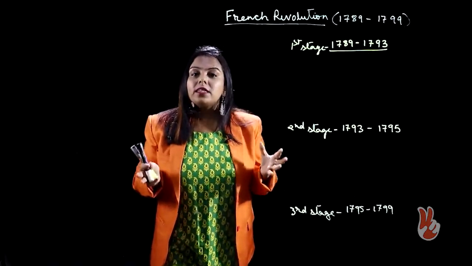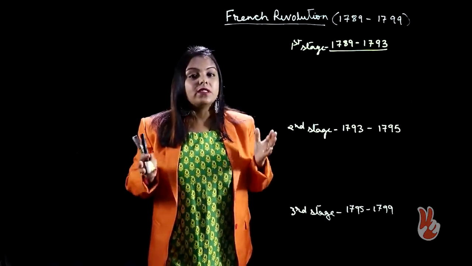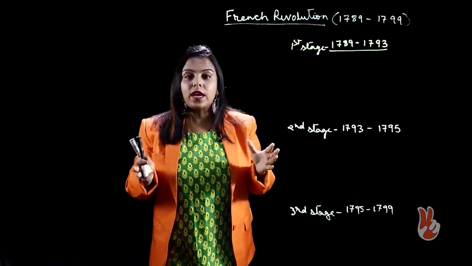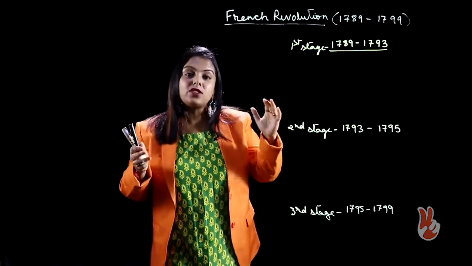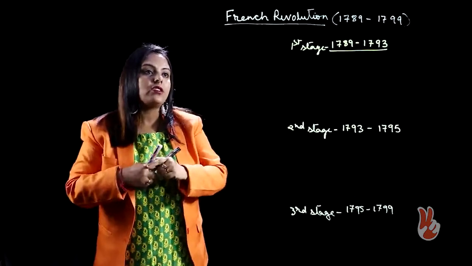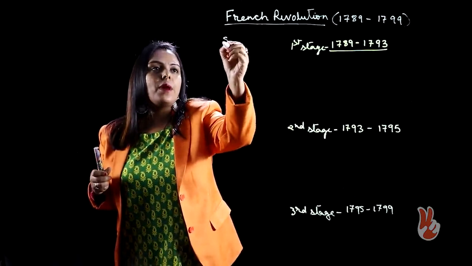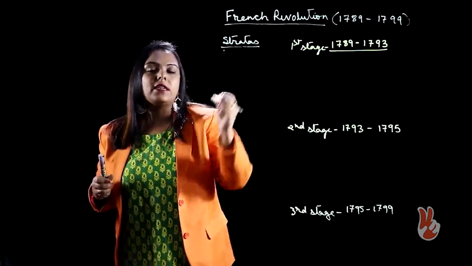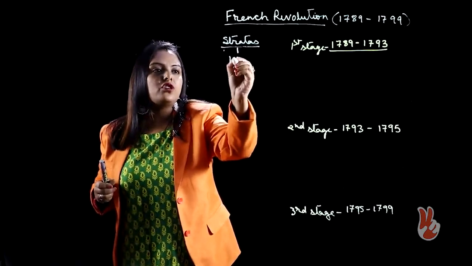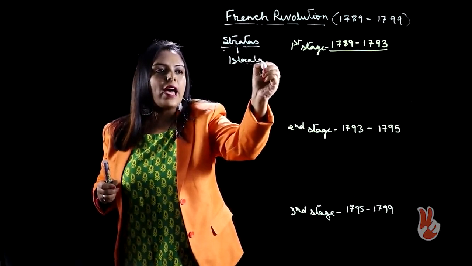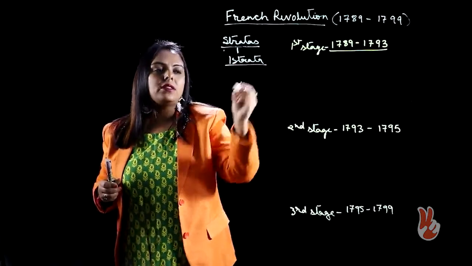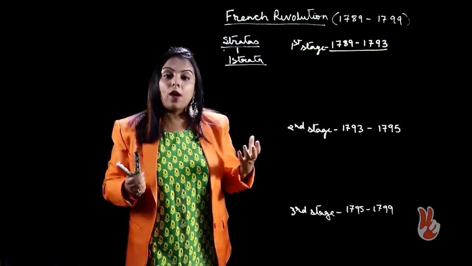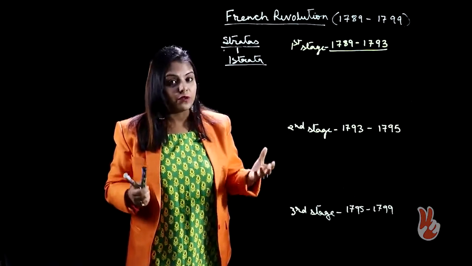Now, we had already studied that French society was divided into three strata, feudalistic in nature. Let us look into those strata. The first stratum had the nobles, and they controlled all the official jobs, and they also had the right to service from the masses.